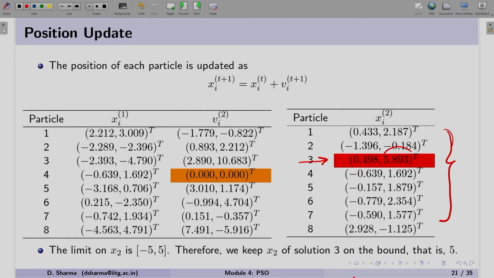This second component, 5.893, is more than that, so we have to keep this variable on the bound. As you can see at the bottom, the limit on x2 is -5 to +5, therefore we keep x2 of solution 3 on the bound, that is 5.